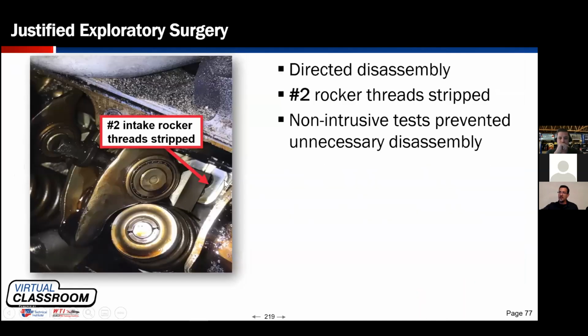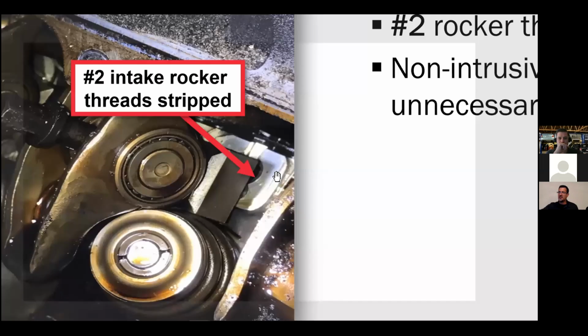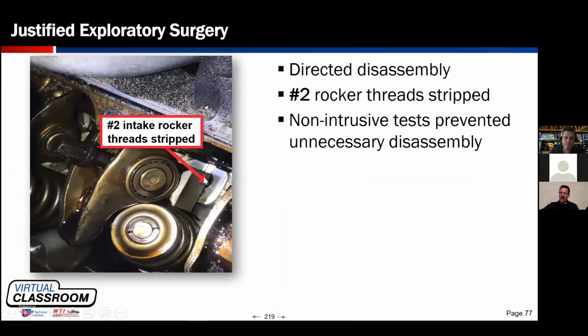So that's what I did here. And if you look closely, you can see that this bolt right here that passes through this rocker assembly and onto this pedestal, the threads ripped out. Somebody over-torqued this and the threads came right out. So all I had to do was do a thread repair, a Time-Sert on this, or Helicoil, and restore the threads, and I got this car back on the road in less than an hour.